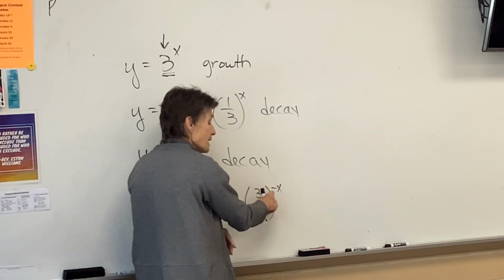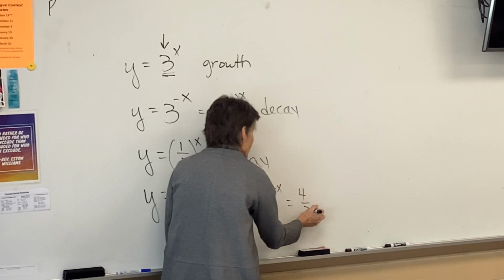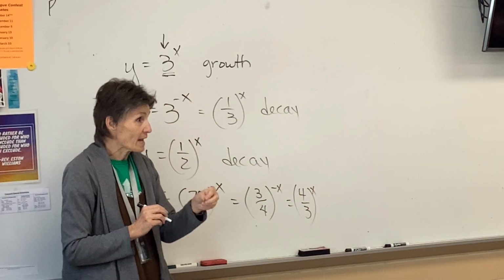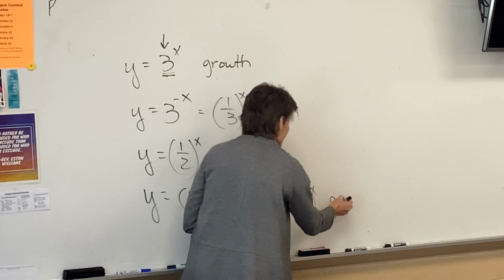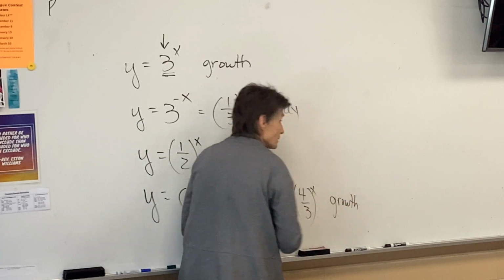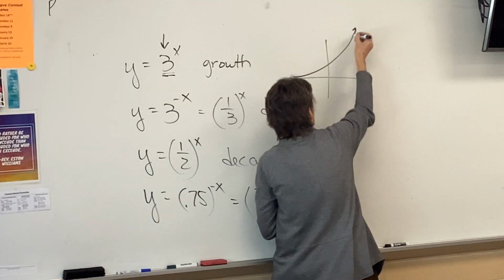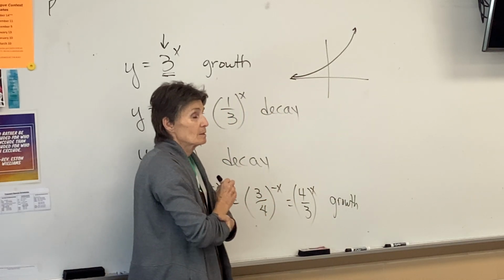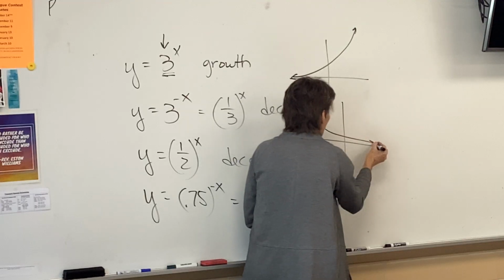But what does the negative exponent do? Flips it and makes it 4/3. 4/3 is bigger than 1. So that is going to be a growth problem. Exponential growth is what you memorize in the BFF. Decay is the reflection of that.